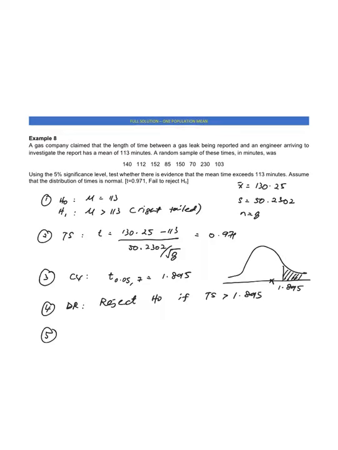So we can conclude that since the test statistic is less than 1.895, we fail to reject H naught. And then we can say that mu is equivalent to 113.